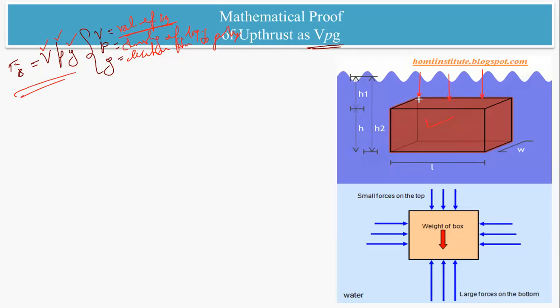It is going to experience the pressure from the sideways, this side and this side, as well as the pressure from the bottom, from the base. So over here we are going to understand a very basic thing, and on that we will go for the calculation of the pressure.